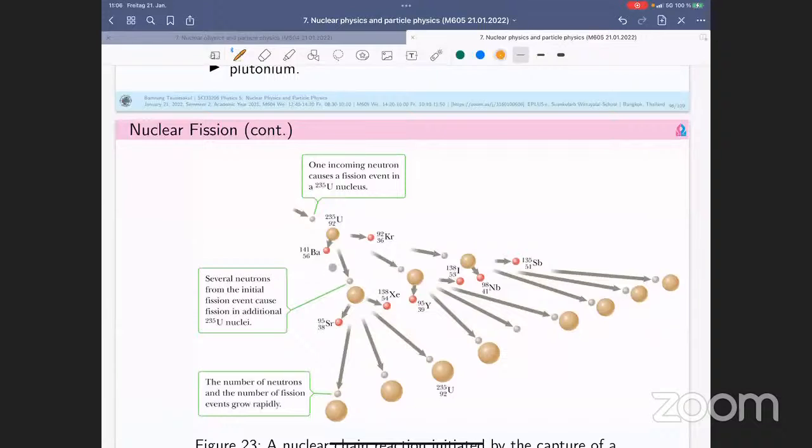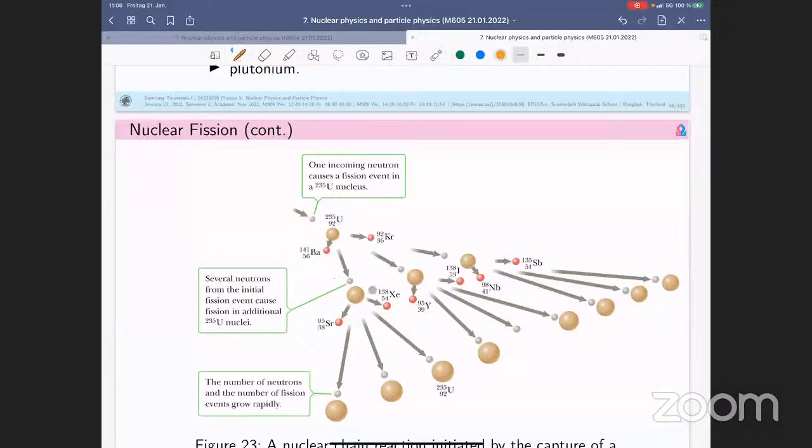It's not only one piece of uranium. Several neutrons from the initial fission event cause fission to additional uranium-235. This one can hit other particles too.